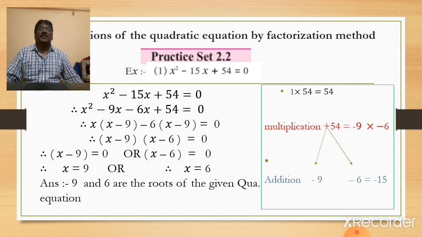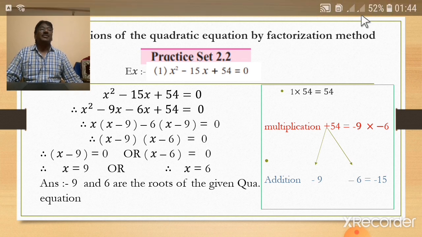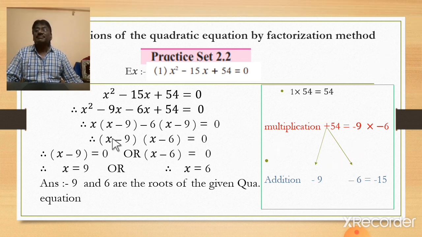Now we try to solve the given quadratic equation x square minus 15x plus 54 is equal to 0. Here we find out the multiplication number.